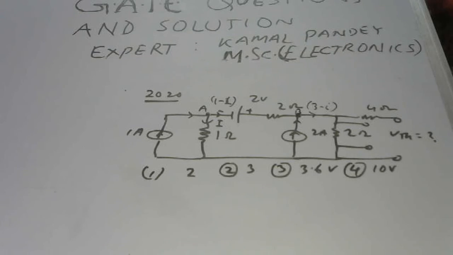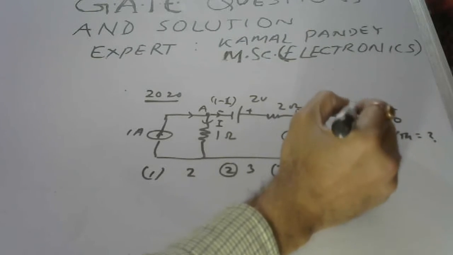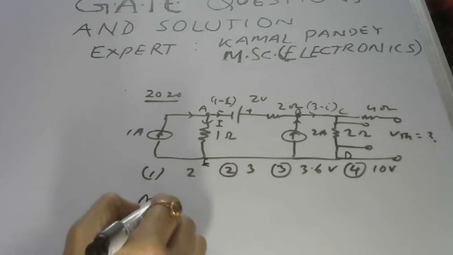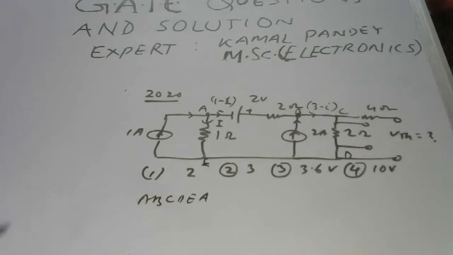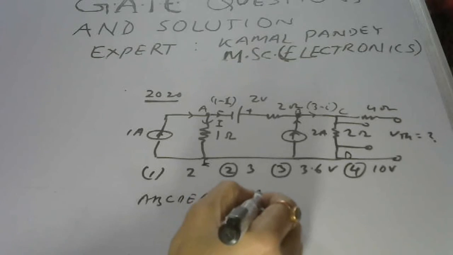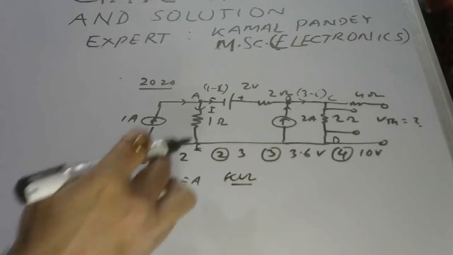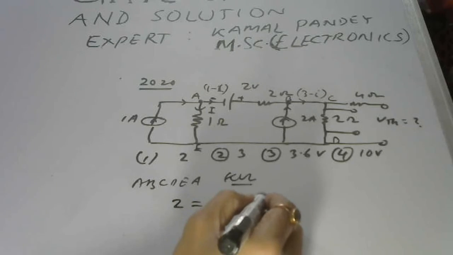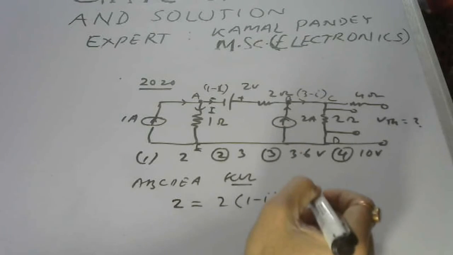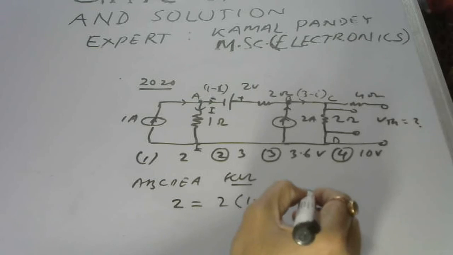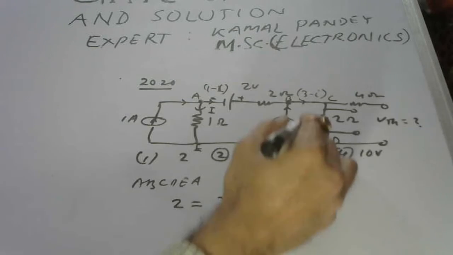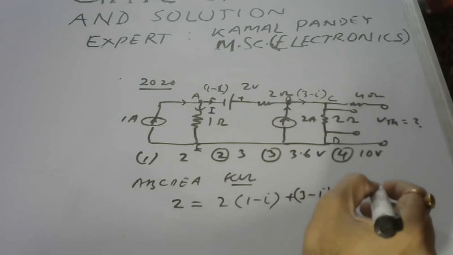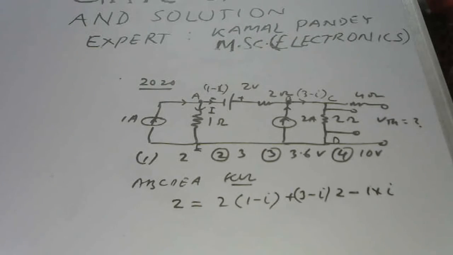Now we use the Kirchhoff voltage law, A, B, C, D, E, A. Using KVL, going negative to positive, positive 2 volt is equal to 2 into (1 minus I), plus (3 minus I) into 2 ohm resistance connected, and another is minus 1 into I. This is the current I flowing.